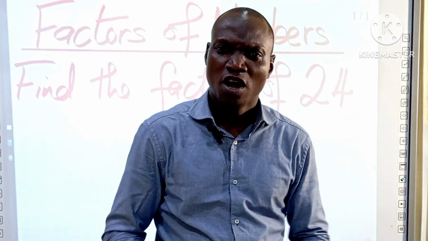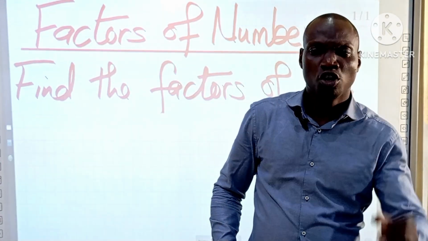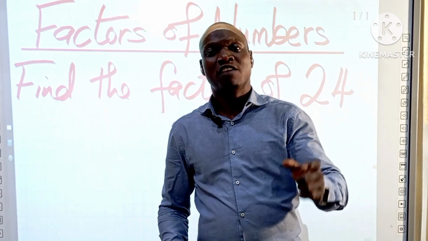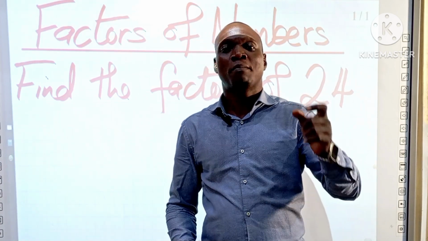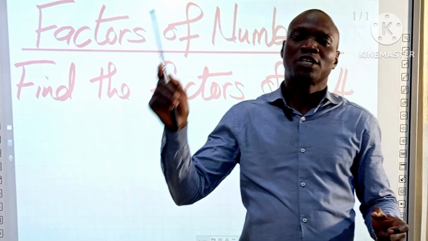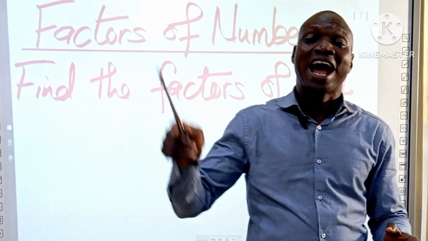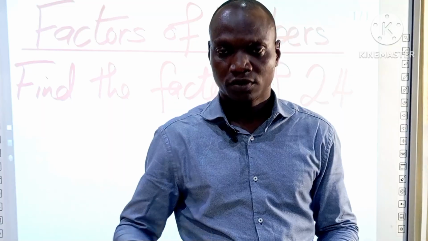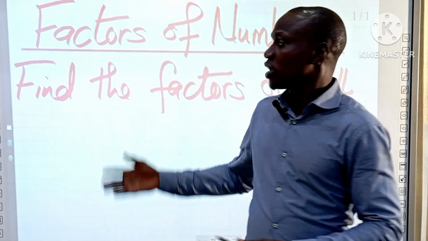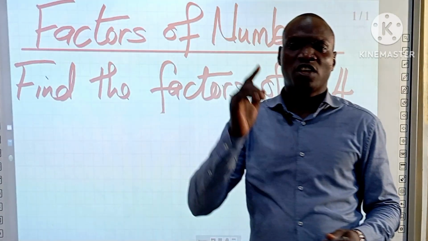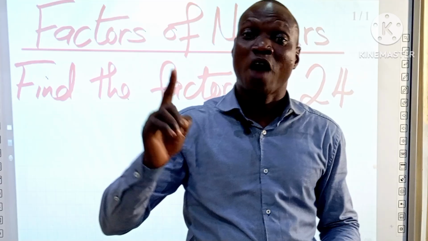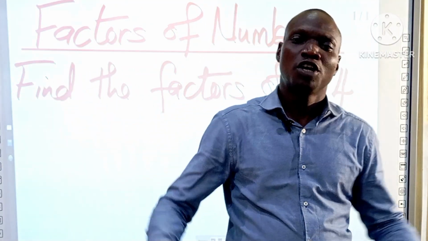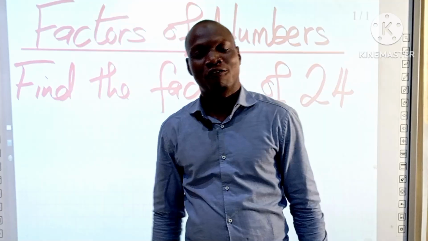Any two numbers multiplied to get a particular number are both factors of that number. One thing we must understand is that 1 is a factor of all numbers, and the number is also a factor of itself.